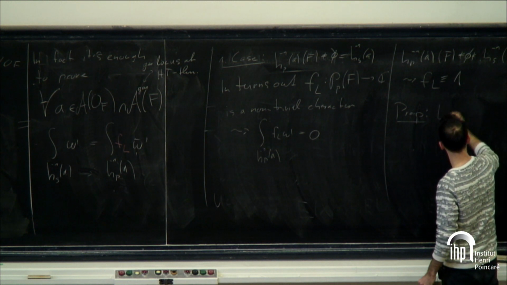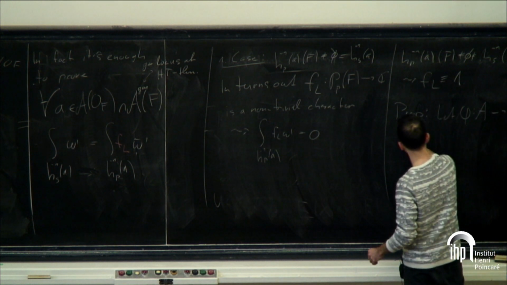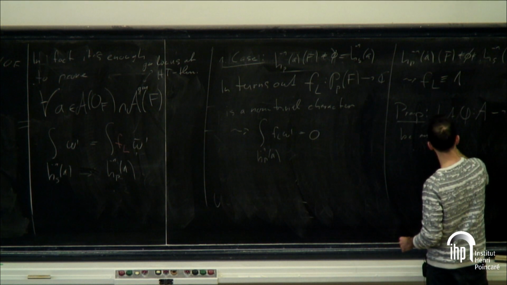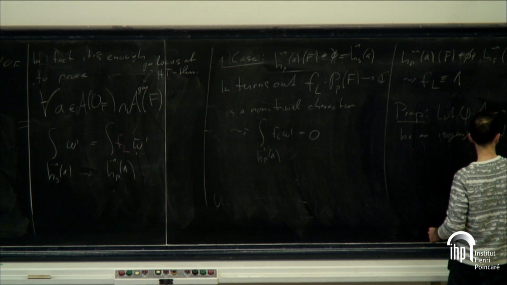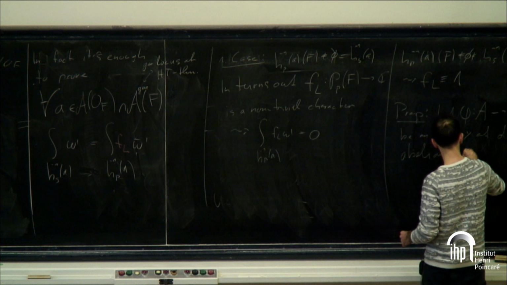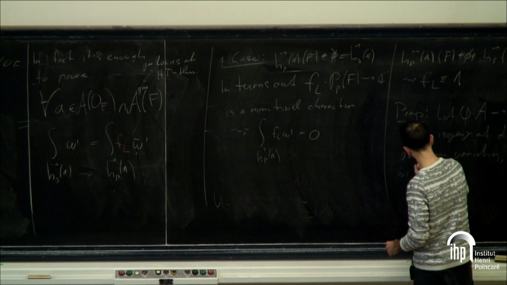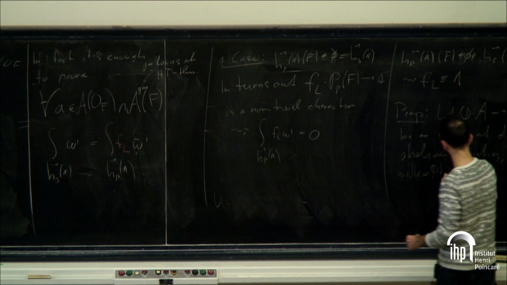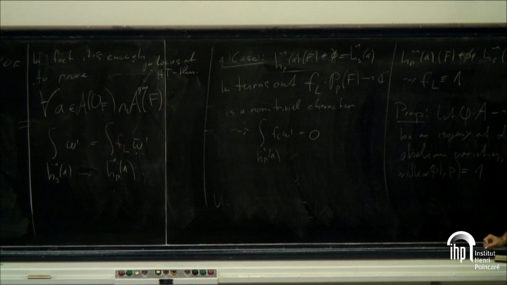So let phi be an isogeny, defined over some local field, with kernel. I want the order of the kernel of phi to be coprime to the residue characteristic.